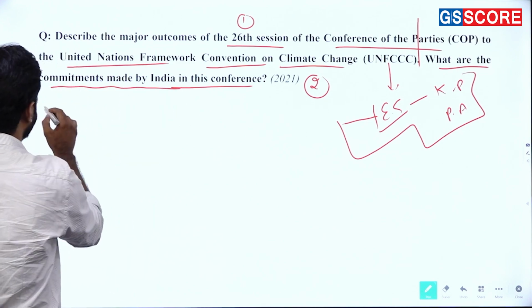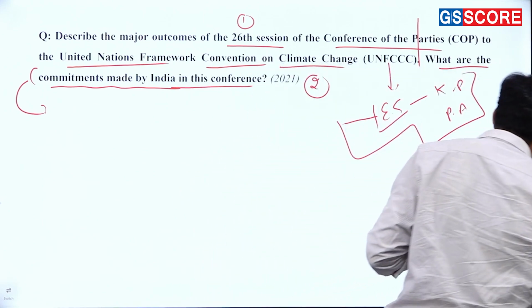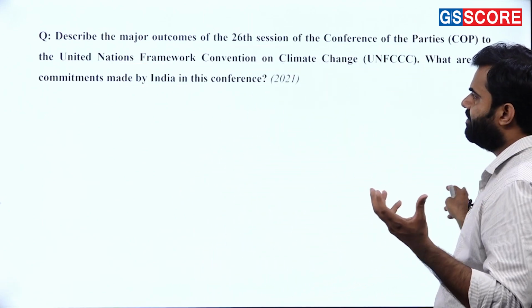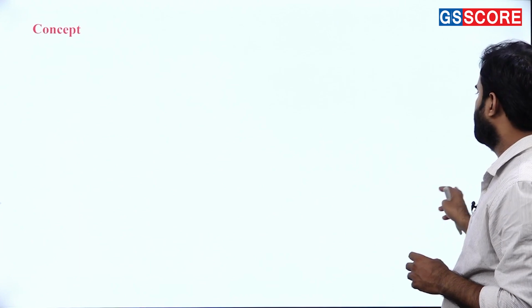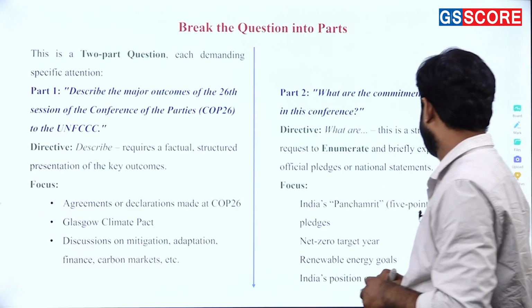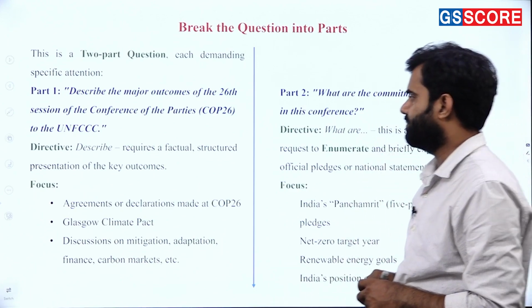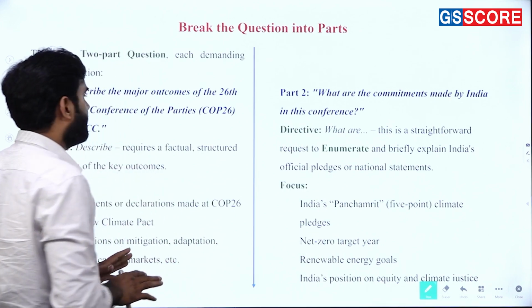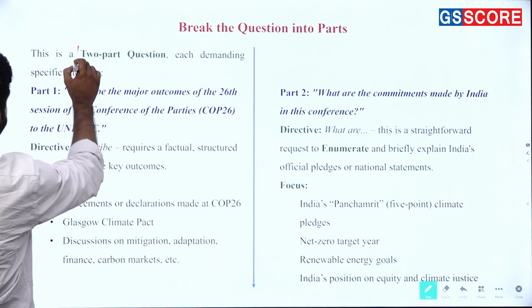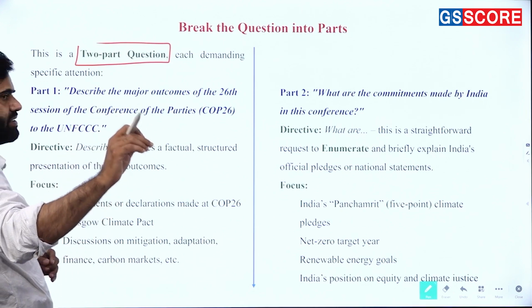Getting my points? So now let's break down the question and understand the gravity of the question. This is the concept behind the question. Basically, there are two parts in this question, each demanding specific attention.